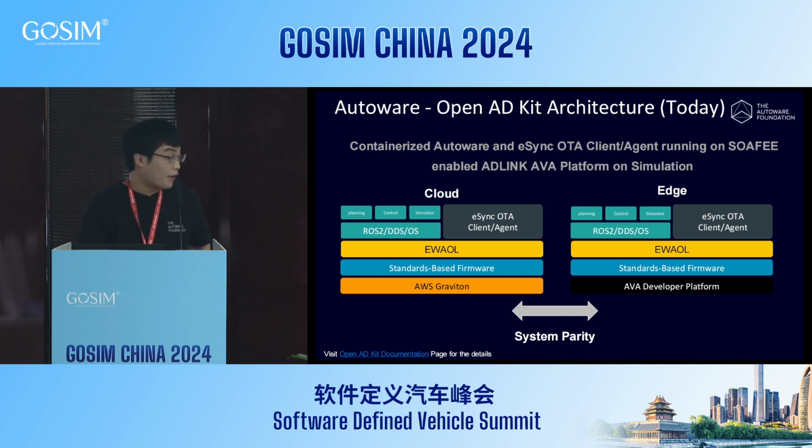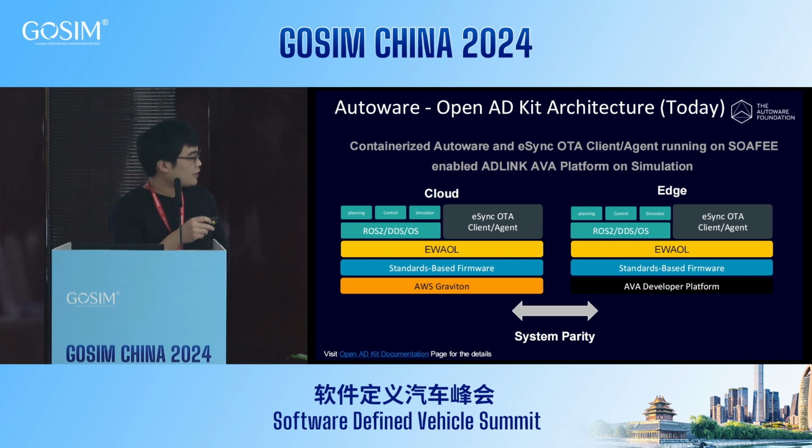If it is composed of multiple ECUs, then we also want to make sure those are replicated on the cloud to do the system testing. And on the cloud, we also run EWAOL, SOAFEE's reference implementation, to abstract the hardware and run Autoware on top of this EWAOL framework to test the features of Autoware.